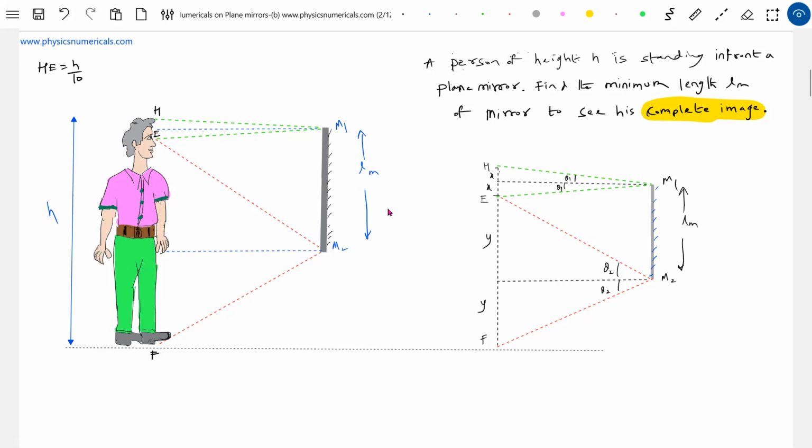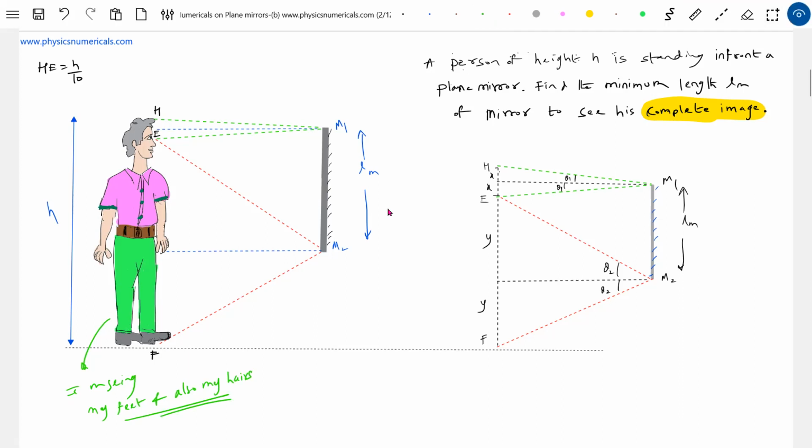So what will this person comment? I'm seeing my feet and also my ears. He is able to visualize.